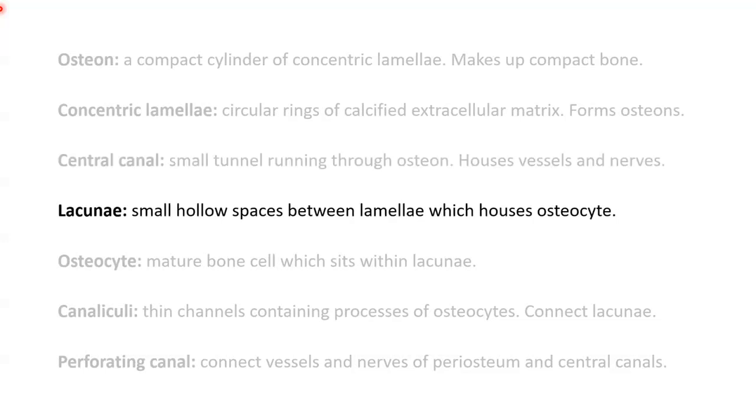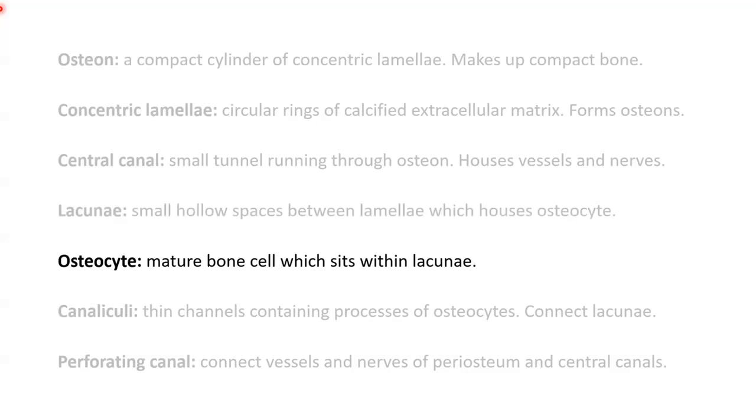The lacunae are the small hollow spaces between the concentric lamellae which house the osteocyte. The osteocyte we've already talked about. It's our mature bone cells that sit within the lacunae. They monitor and maintain the metabolism of bone tissue.